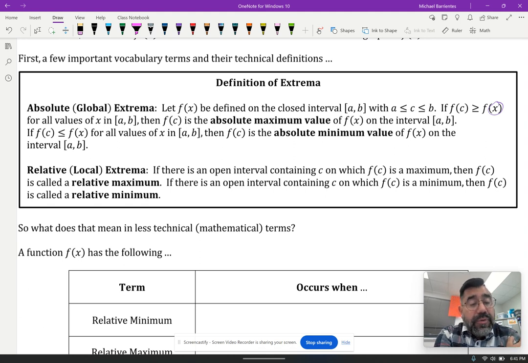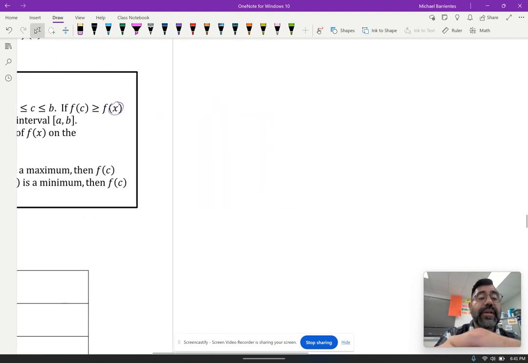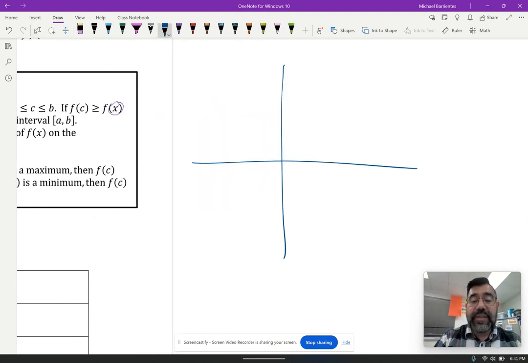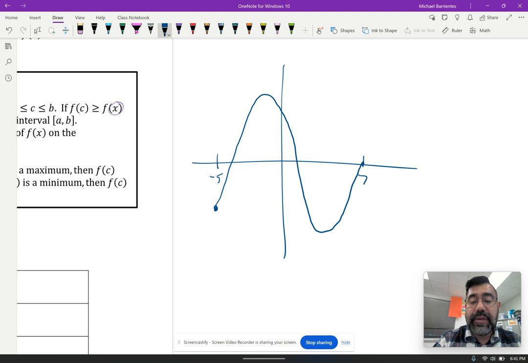Well, for those, we need to understand how to visualize some functions. So let's just visualize something. Let's say that I'm starting here at -5 and I'm ending over here at 7. I might have a graph that starts here and then it goes up and then it comes down and then it lands here.